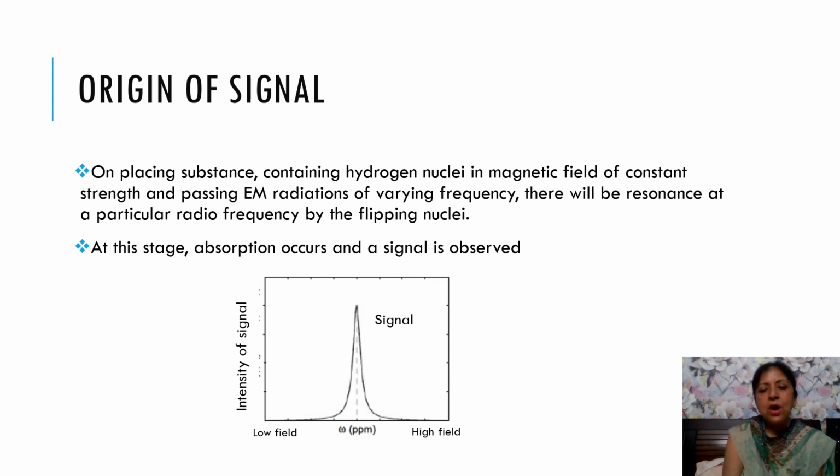So till now this was about the basic principle that NMR spectroscopy involves nuclei which create spin states, and in the presence of an external magnetic field these spin states fall apart, there is an energy gap, and when that energy difference matches the external radio frequency waves, flipping occurs and it gives rise to the signal in NMR spectroscopy.